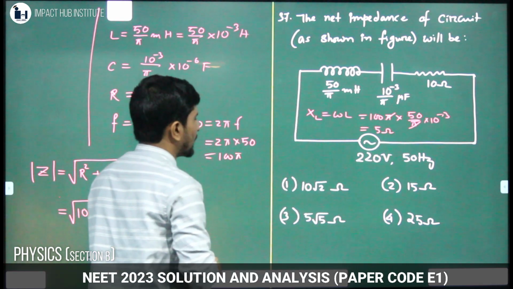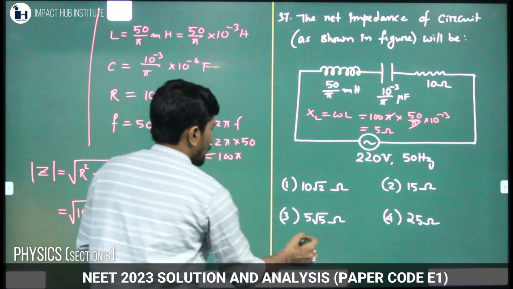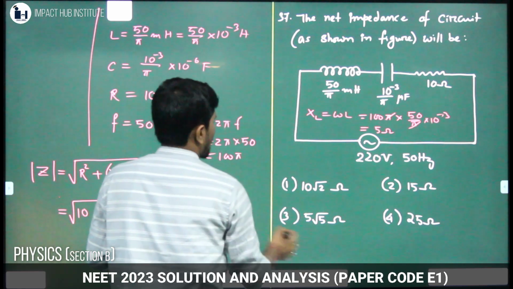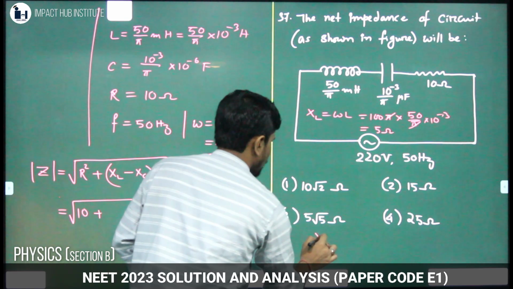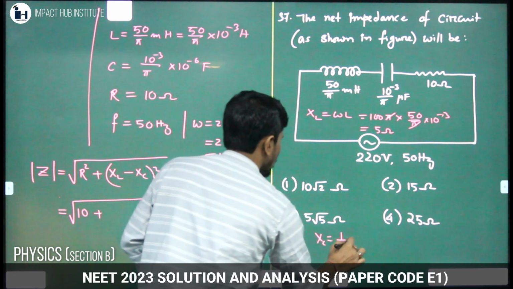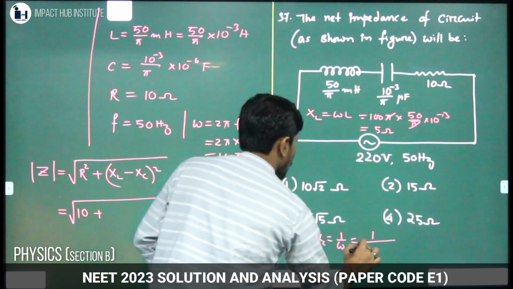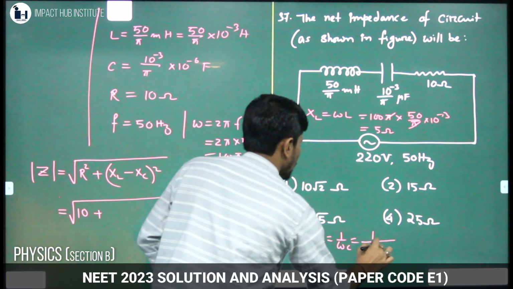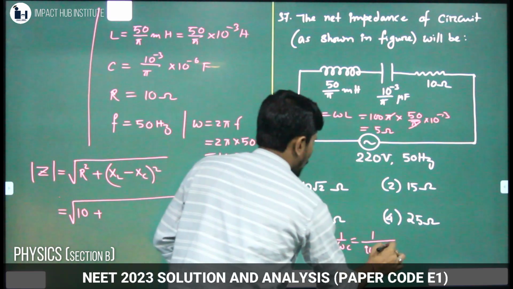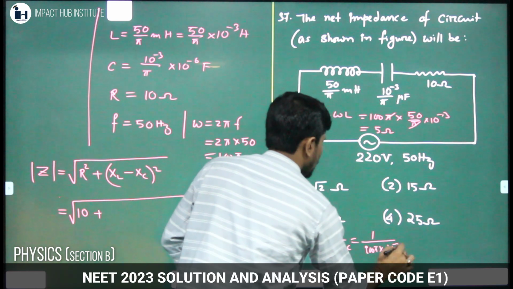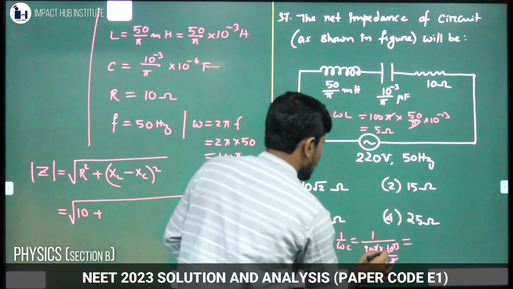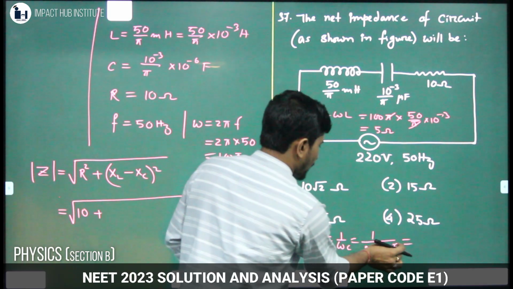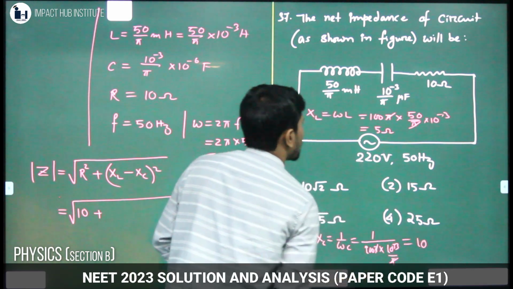Thus the inductive reactance. And then what will be the capacitive reactance? Capacitive reactance will be 1 by omega C. So this will be equal to 1 by 100 pi multiplied by 10 power minus 3 by pi. So pi cancels, 10 power minus 1 will be there, it will go up and become 10.